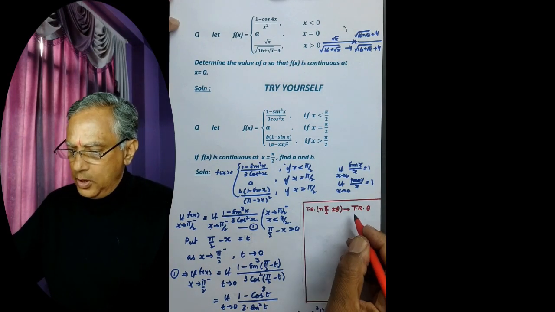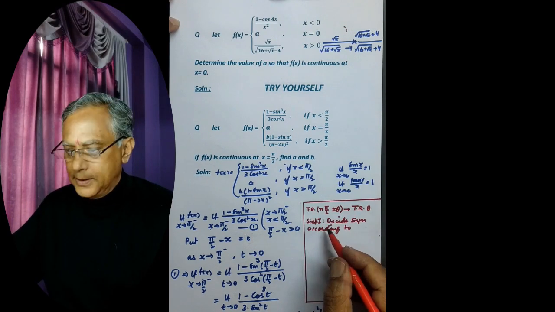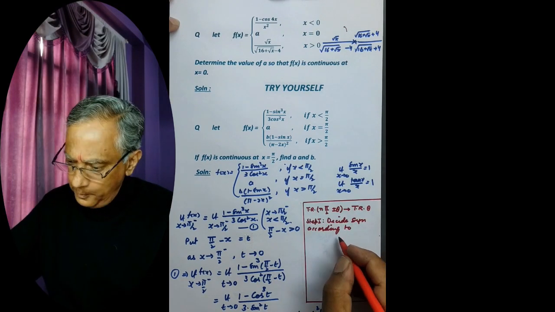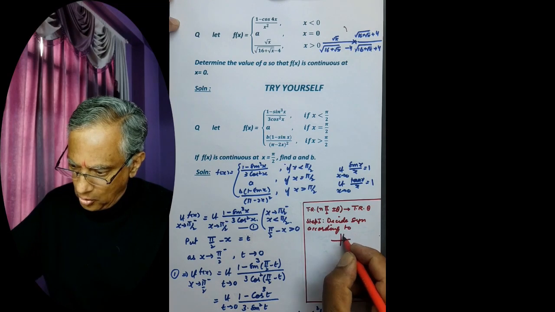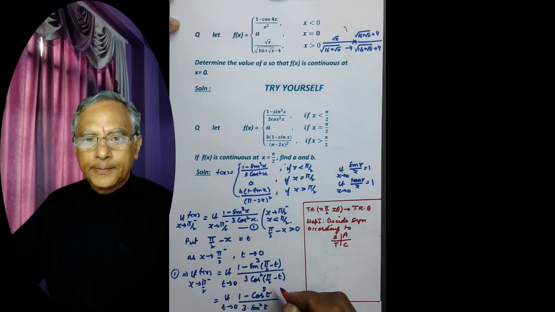So the rule consists of two steps. Step 1 is decide sign according to all sine, tan, cos.